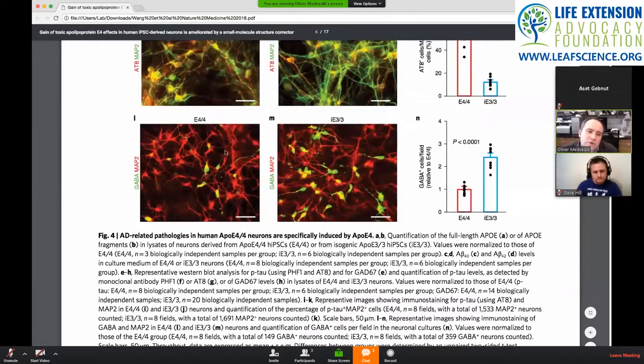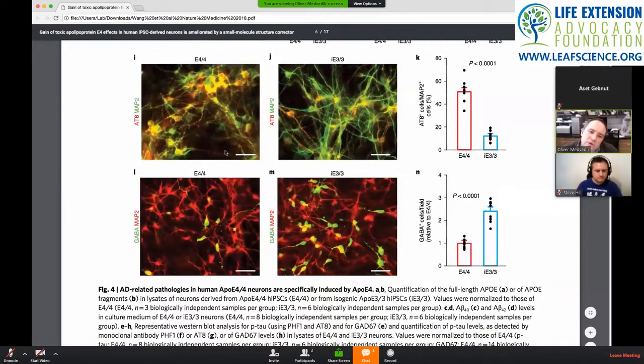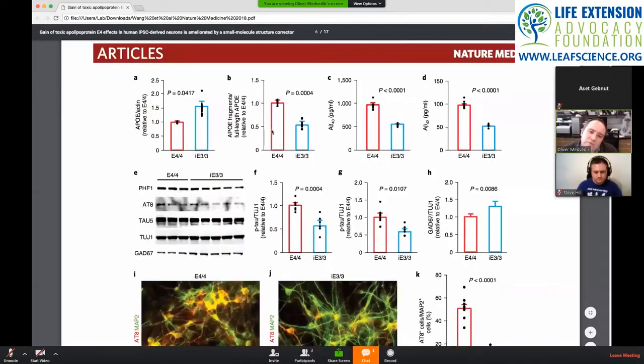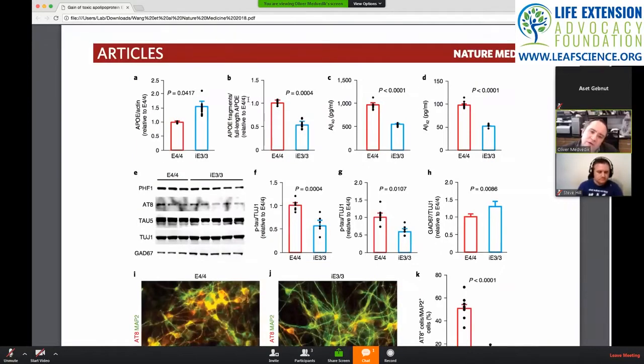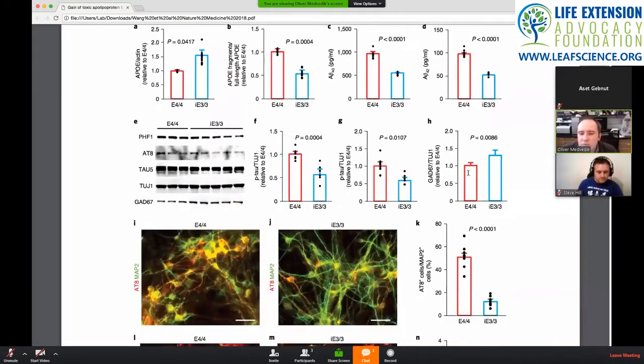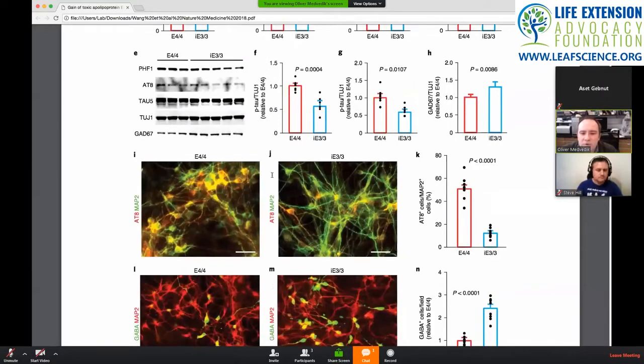So what are they looking at here? They're looking at fragments of ApoE, right? I was thinking, didn't they do that before already? Is there a difference here? Let's see. Quantification of full-length ApoE4 or ApoE fragments in the lysates of neurons derived from ApoE4 hiPSCs or from isogenic ApoE3.